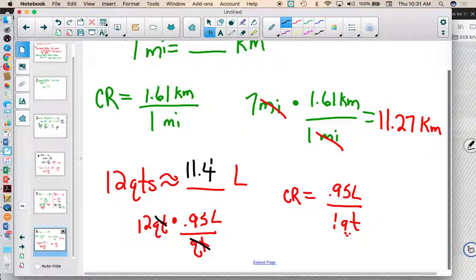That's what you have to do, okay? Everybody sees that? 12 times 0.95 is 11.4 liters. I think you're just taking 95%, or the 95% of 12. You're right. You could call it that. Okay? Let's do one more.